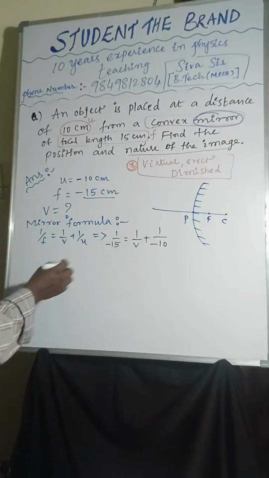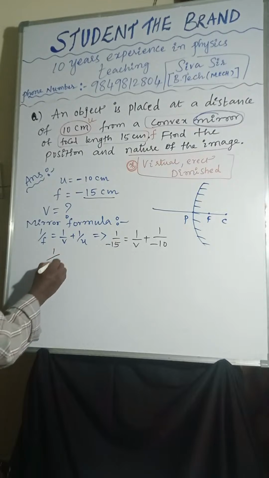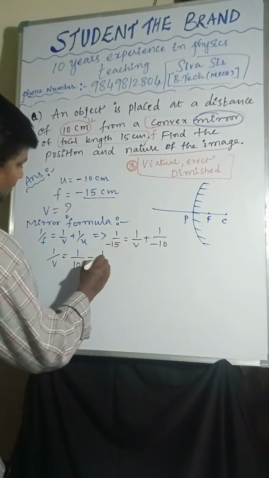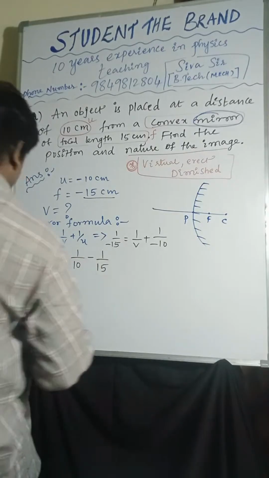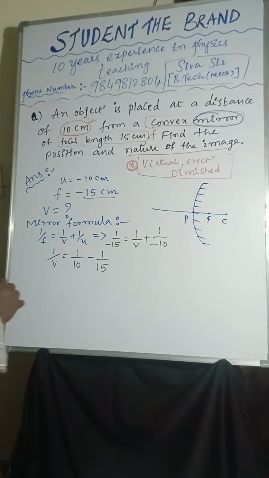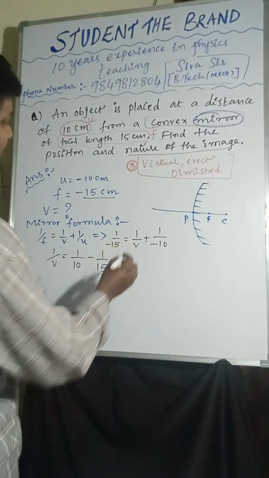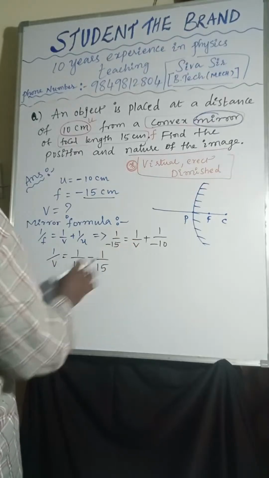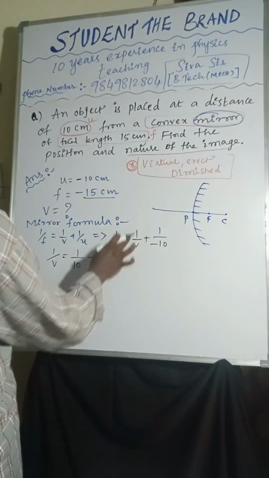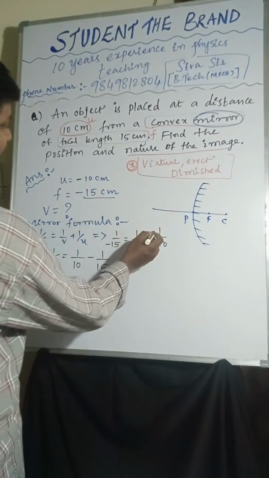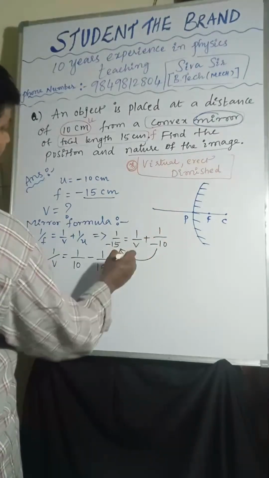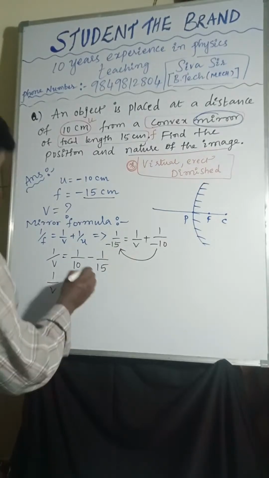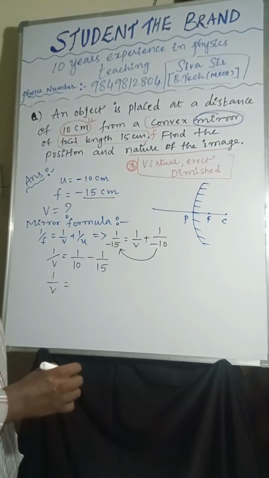Now you can see, 1 by v equals 1 by 10 minus 1 by 15. We need the v value, so retain 1 by v in the same place and take this 1 by 10 value to the other side. Then 1 by v equals LCM.